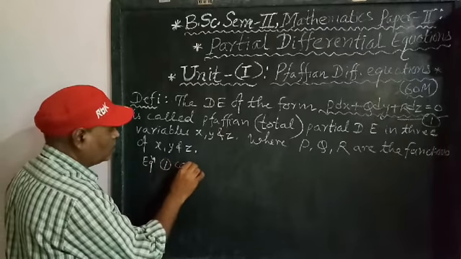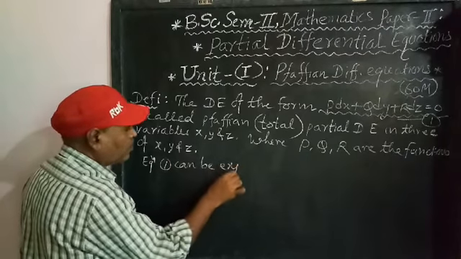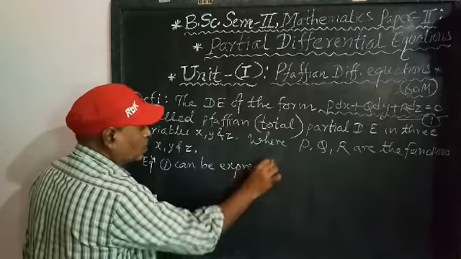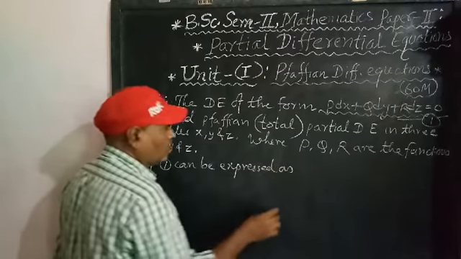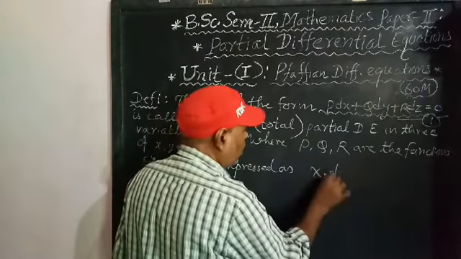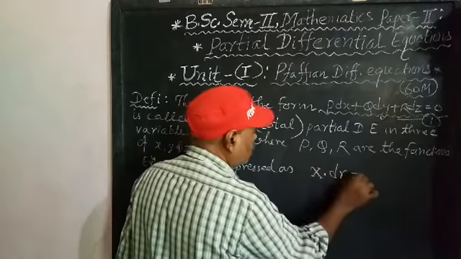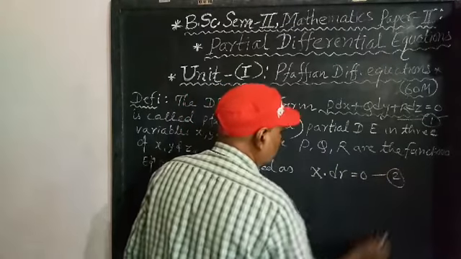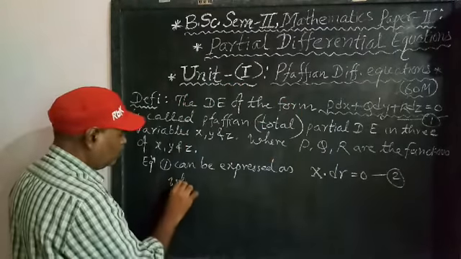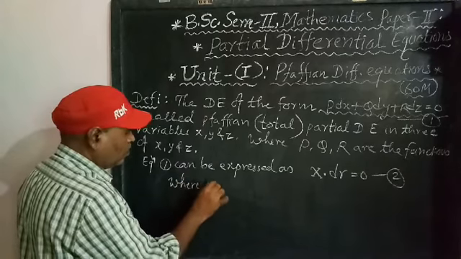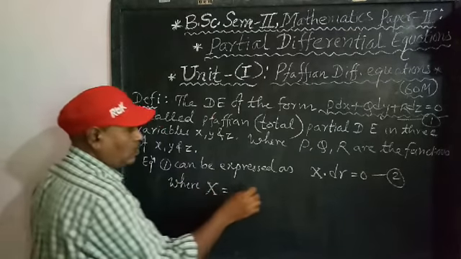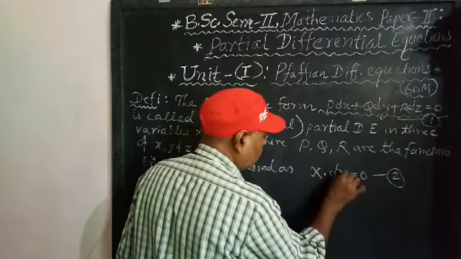Equation 1 can be expressed as X dot dr equal to 0, where X is the vector and r is the vector.